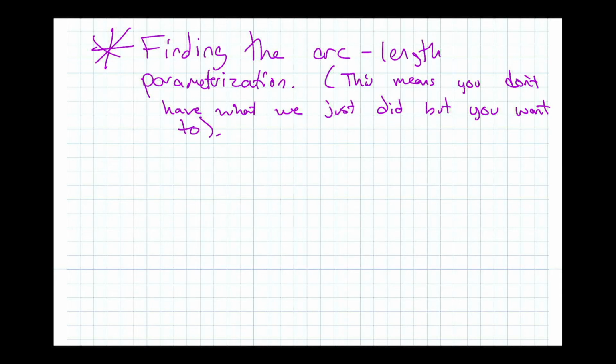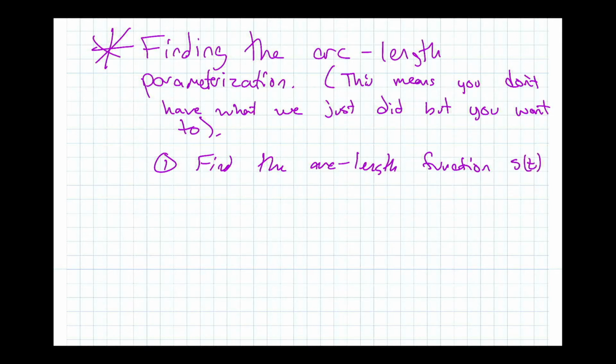Okay, so what do you do? There's kind of steps to do this. What you want to do is find the s of t. So step one, find the arc length function, s of t.